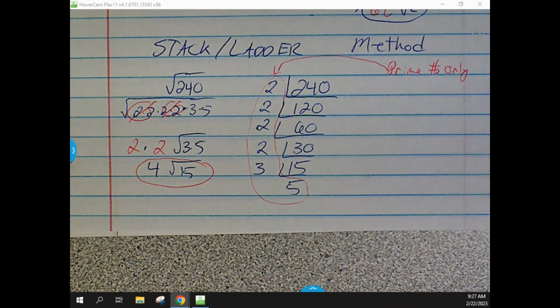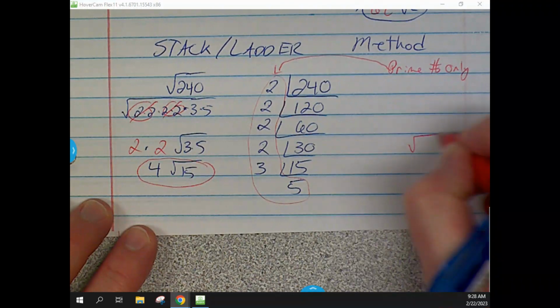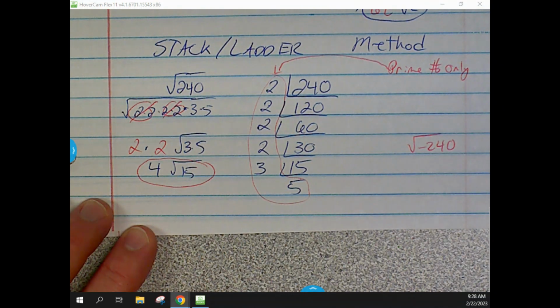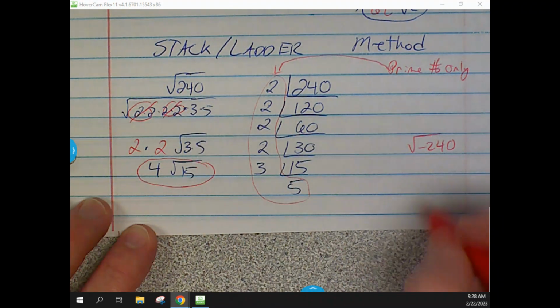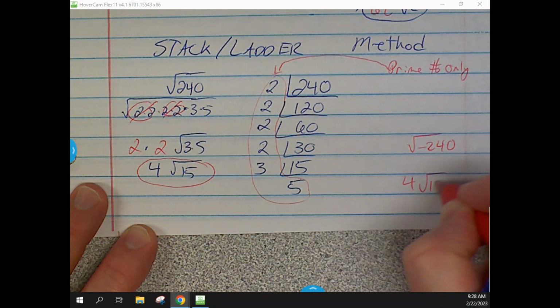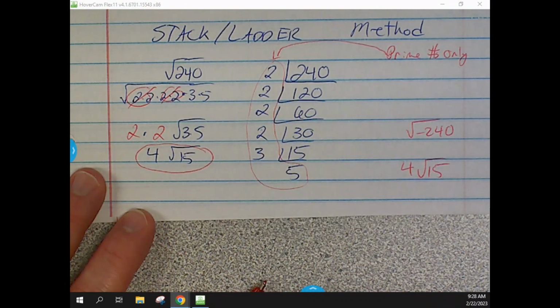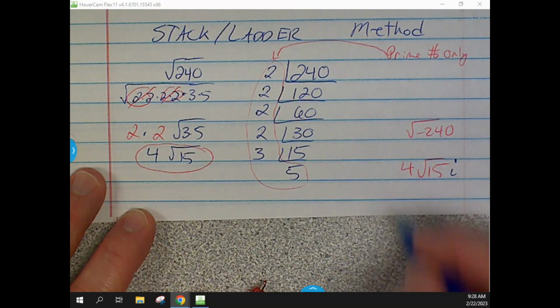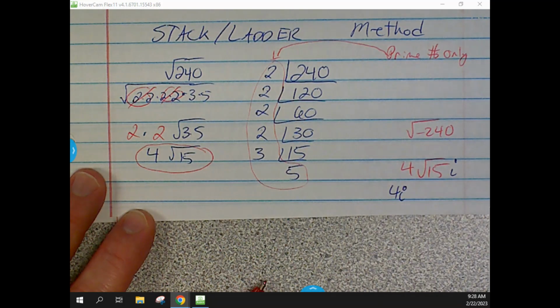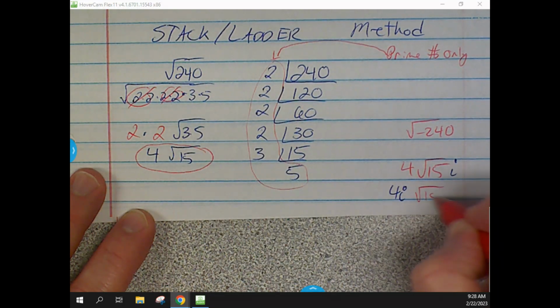Again, the only difference if this had been a negative 240: well, if 240 is 4 square root of 15, this one is still 4 square root of 15. You either need the i at the end of it here, or you need the i there. And where you put the i, again, I don't really care.